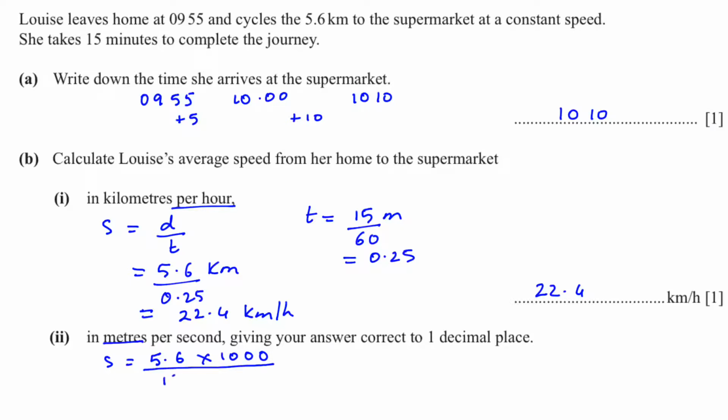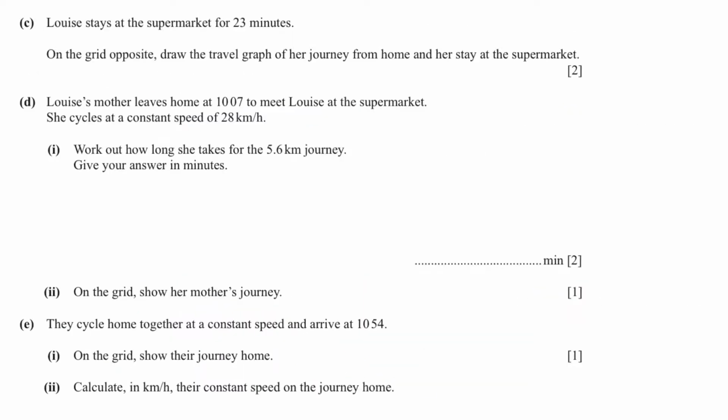And minutes, I have to change to seconds. Therefore, I will multiply by 60. I will get 6.22. But I have to round it to one decimal place, so the answer is 6.2 meters per second.